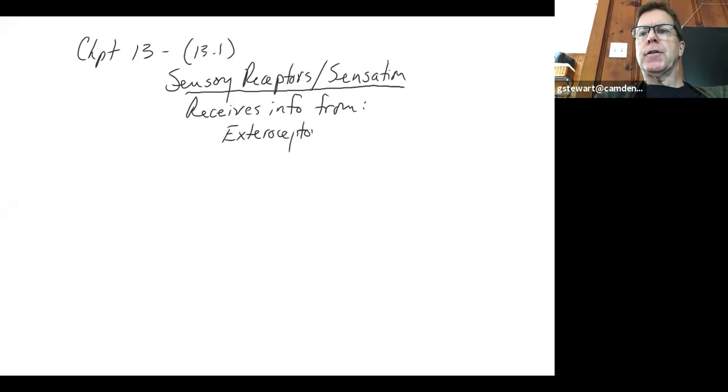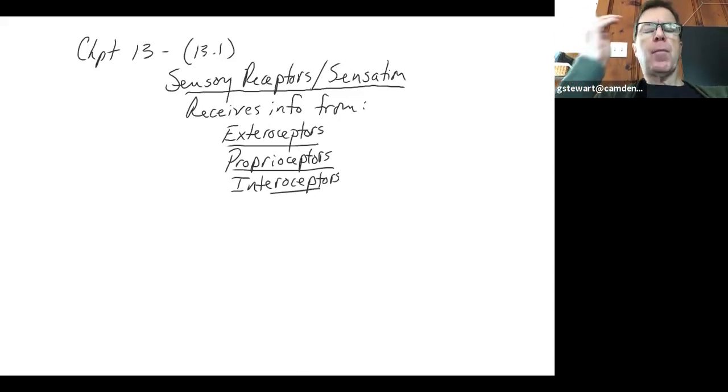It's good that you hear these terms twice. Exteroceptors, proprioceptors, and interoceptors. I'm going to write details about these in a minute. Don't worry about what, this is just telling us where in the body these sensory receptors are located, okay? I'll write their details down in a moment.